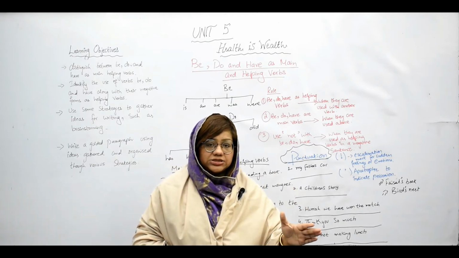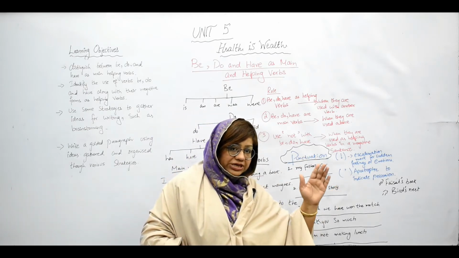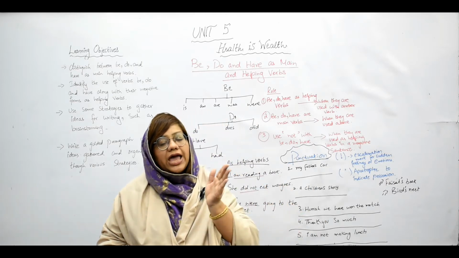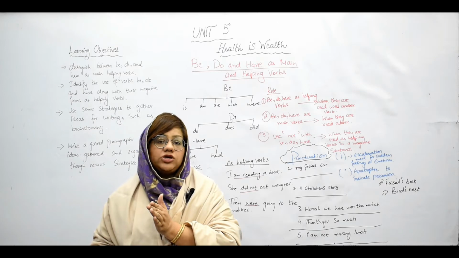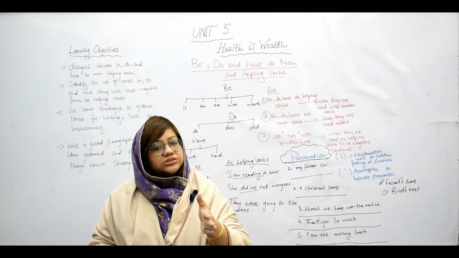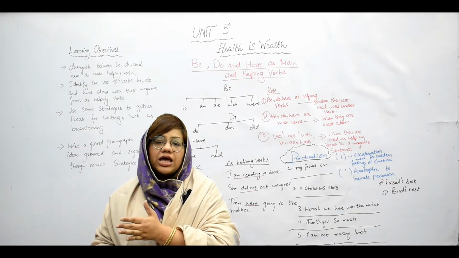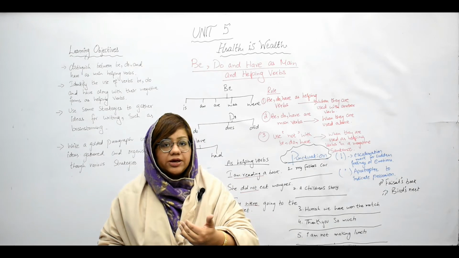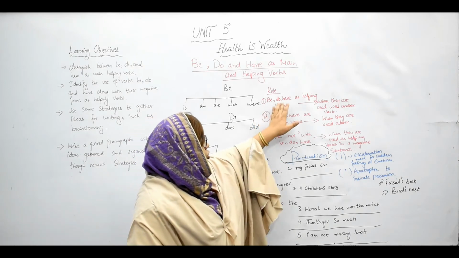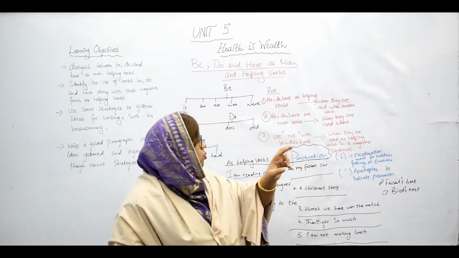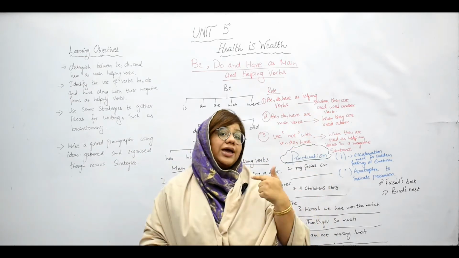It means that the word be, do and have is always used with another verb. Then they are considered as helping verbs. I'm again repeating that concept. Be, do, have are used as helping verbs when they are used with another verb.